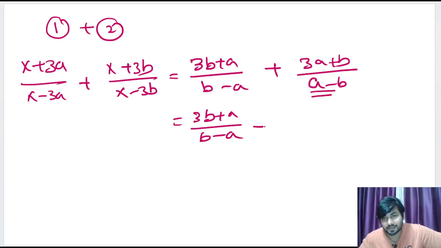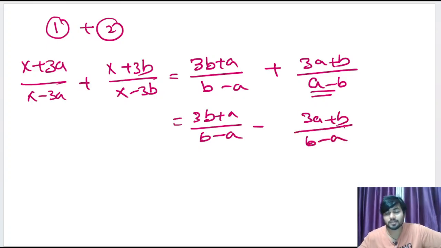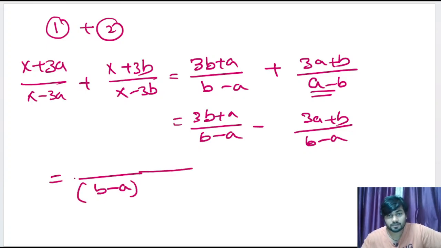So it will be minus 3a plus b upon b minus a. Now my denominator is settled. So I can easily take the LCM as b minus a. And I just need to write the numerator, that is 3b plus a minus 3a minus b.